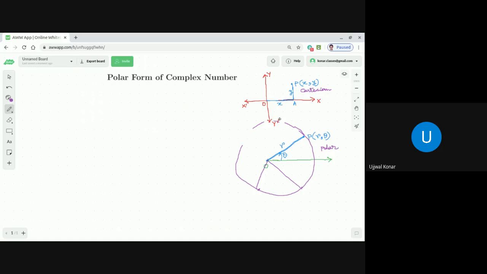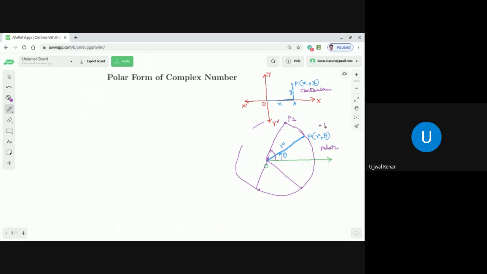Correct or not? If you take a point here, though it is r, if I consider this point as P1, OP1 is r, but the angle is different. Similarly, if we take only theta, that is the angle, then also we cannot represent that point uniquely, because we can have a vector, not a point here.